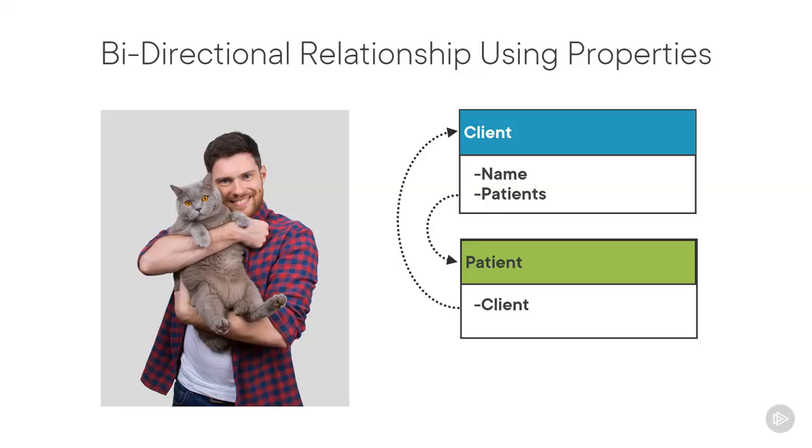A relationship, also known as an association, should be part of a type's definition, and we do that using properties that allow us to traverse from one end of the relationship to the other. In this example, we have a client type with a patients property, and in the patient type, we have a client property. Not just an ID value, but a property that leads to a complete object or set of objects.